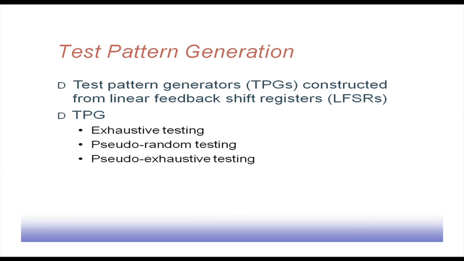And pseudo exhaustive testing. It is not exhaustive at all points; if it is an n input circuit, maybe for k inputs it is exhaustive, and other places it is not. There is a subset of outputs of the test pattern generator where the generated pattern is exhaustive in nature.